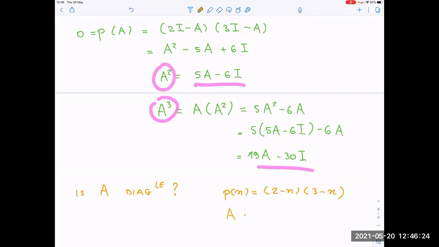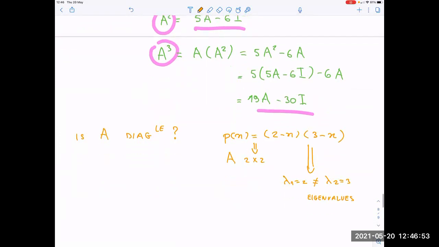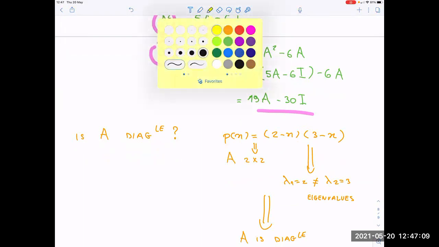Exactly, because A is 2 by 2, the characteristic polynomial is of degree 2, and the fact that it is like this tells me that I have 2 distinct eigenvalues, 2 and 3, and so it is diagonalizable. Okay, good.